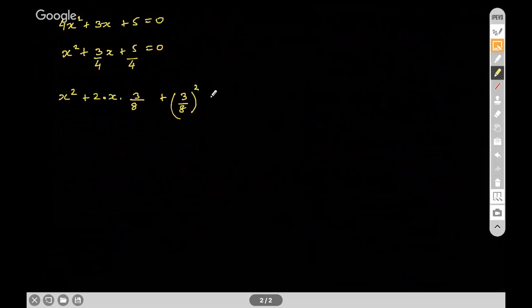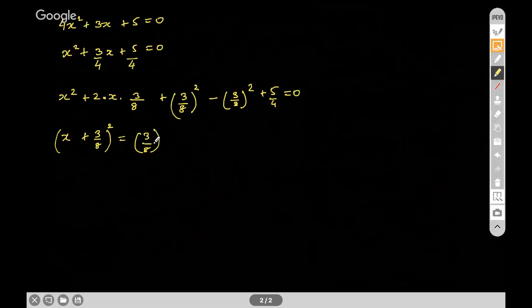But as you added something, you have to subtract also, so 3 by 8 whole square, and then here it is plus 5 upon 4, which is equal to 0. So hence what do I get? I get (x plus 3 by 8) whole squared is equal to (3 by 8) whole squared minus 5 upon 4.